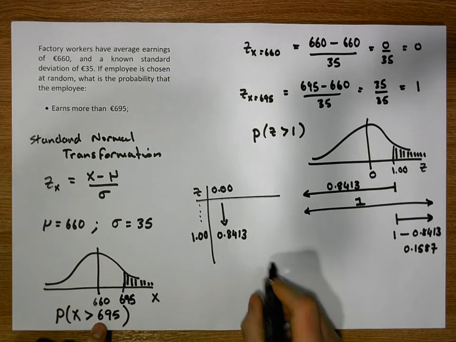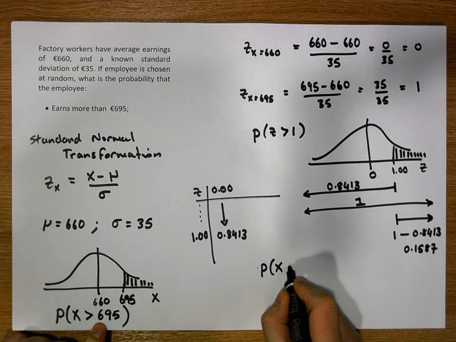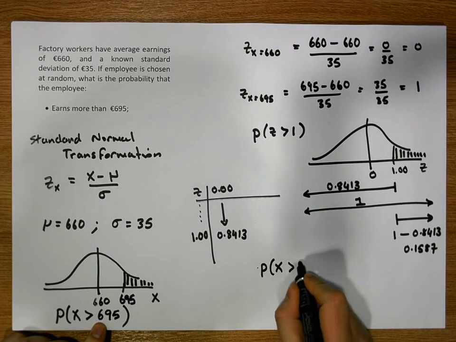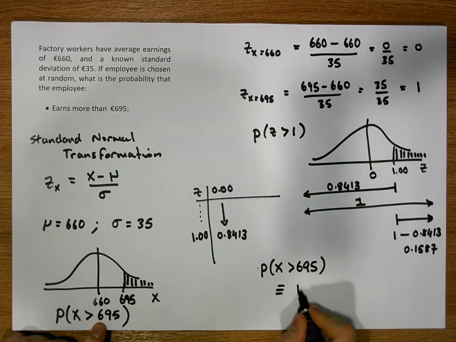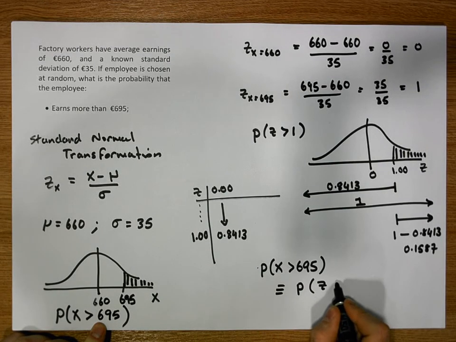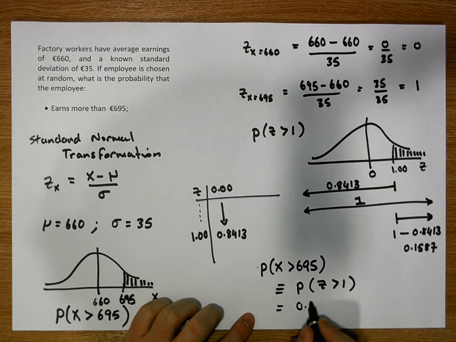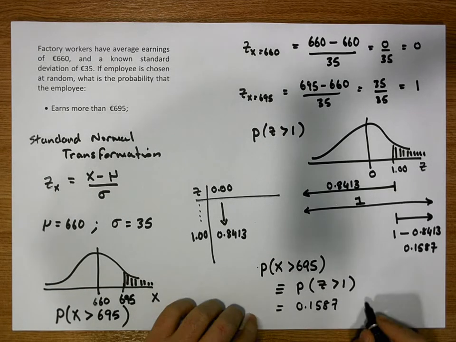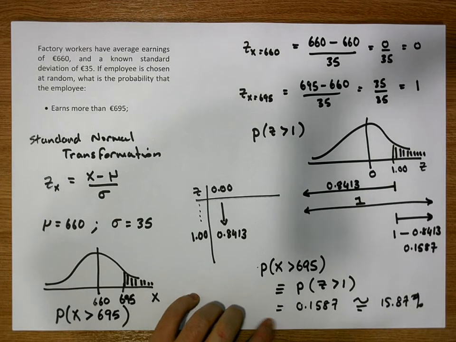In other words, the probability of randomly selecting a worker from this population who earns more than 695 is equivalent to the probability of observing a z-score greater than 1, which is equal to 0.1587. Or about 15.87% of the time, we'll see a worker, when we randomly select one, that earns more than 695 euros.